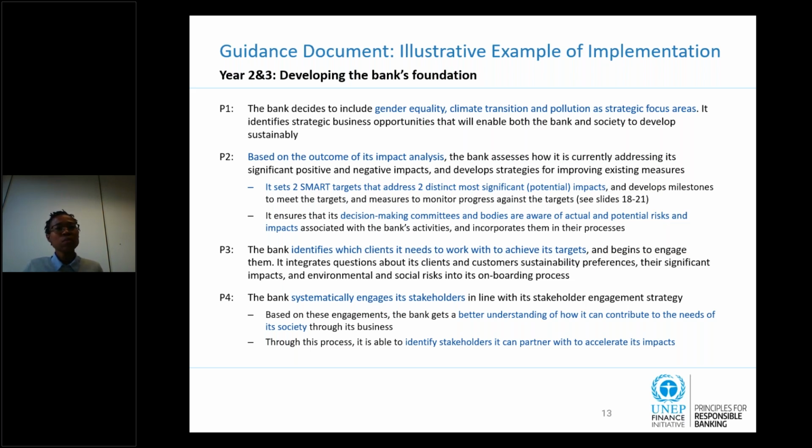Then on to principle 4, thinking about stakeholders. The bank is now starting to really engage with stakeholders in line with its stakeholder engagement strategy. And through working with those stakeholders, the bank is getting a much stronger understanding of how much more it can do to really contribute to the needs of society through its business and around these 3 particular dimensions, and really working through how it can better partner with stakeholders to really accelerate those impacts.